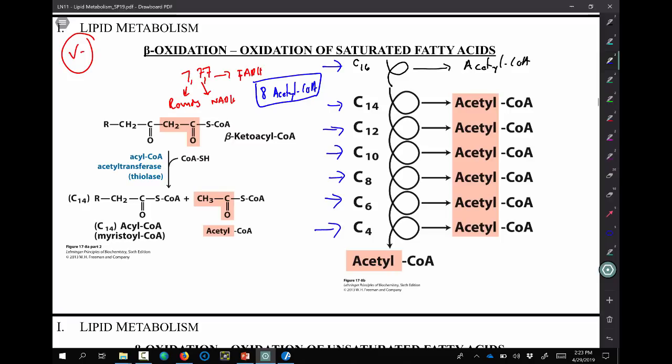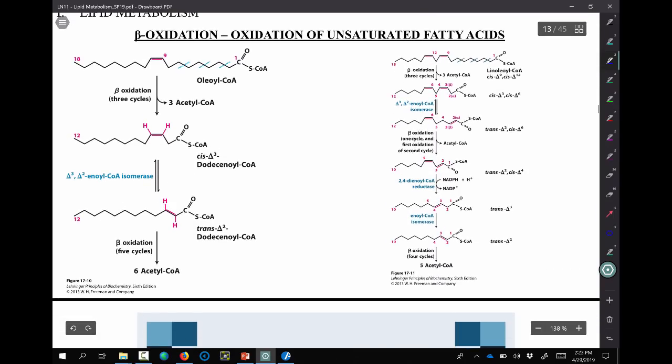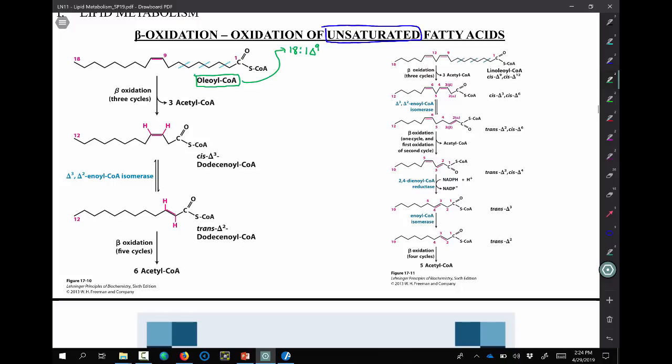Okay, let's talk about an unsaturated fatty acid, and there's 2 different portions of this slide. We'll talk about everything on your left to begin with. So let's talk about what's on the left, and in this, we're going to do this fatty acid, oleoyl-CoA, and that is 18:1 delta 9, and this would be cis.